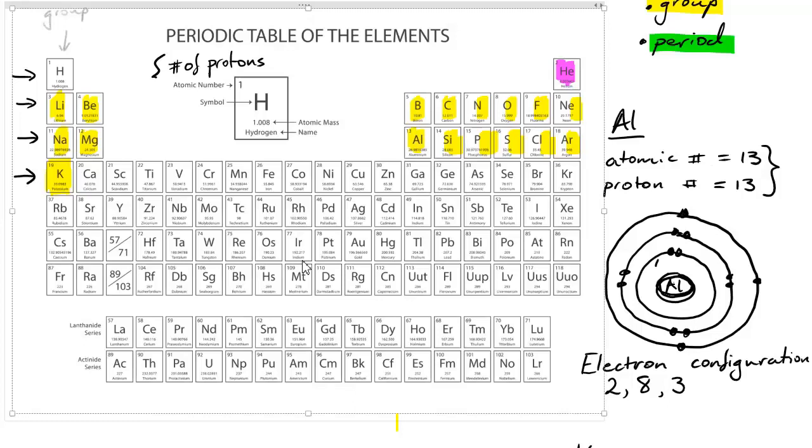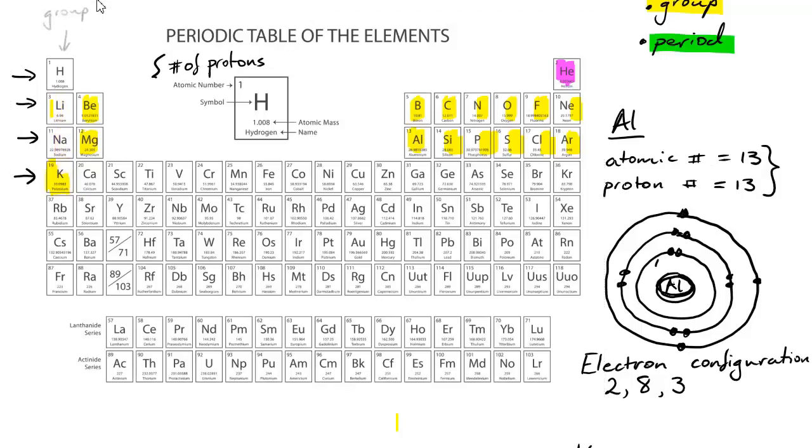So you can tell that information by looking at the periodic table. Now, the reason why we want to draw out the actual atom is so that eventually you can understand what the electrons are doing in that element.